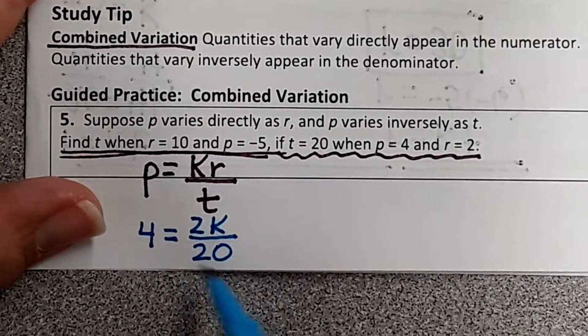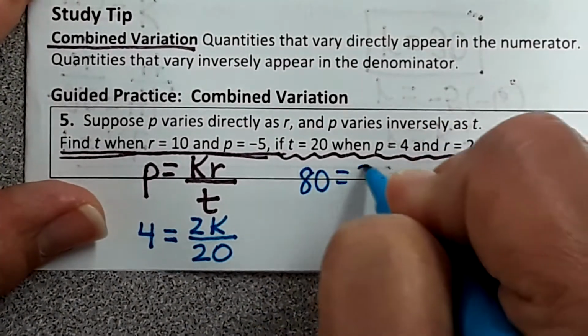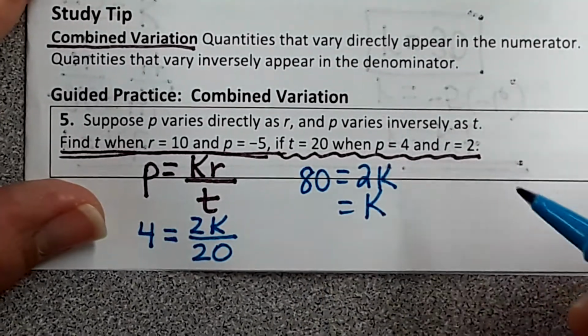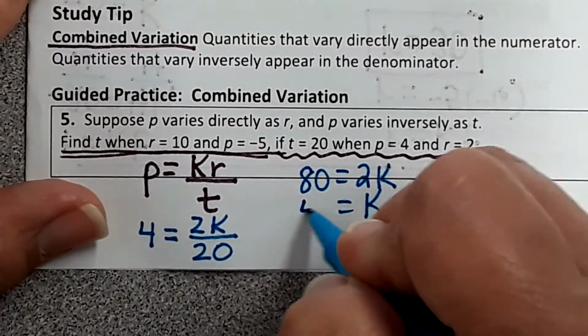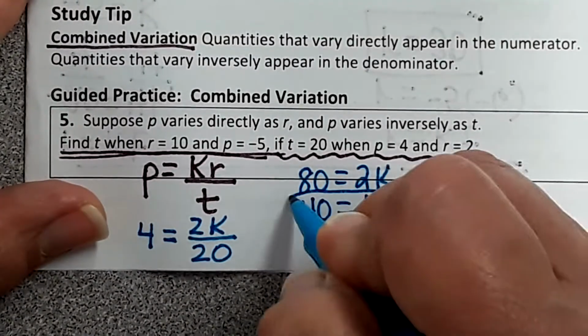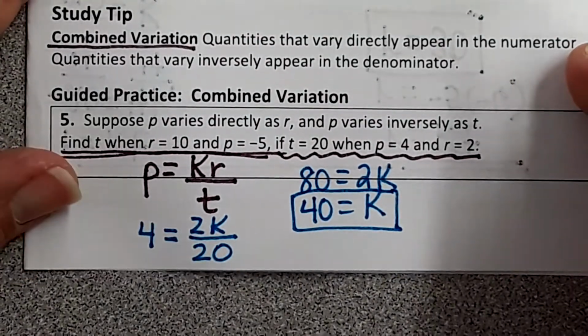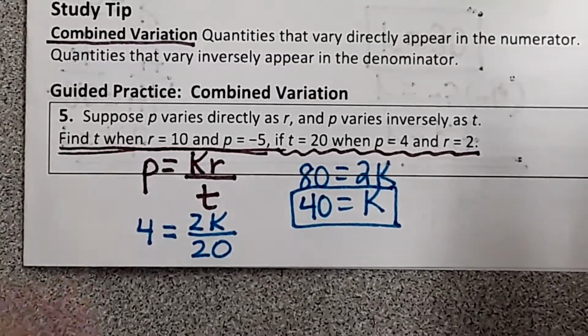Now I'm going to multiply 4 times 20. So I get 80 equals 2k. And k equals what? 40. What is k called? What did I just find? Yep. Constant of variation, slope, yes.